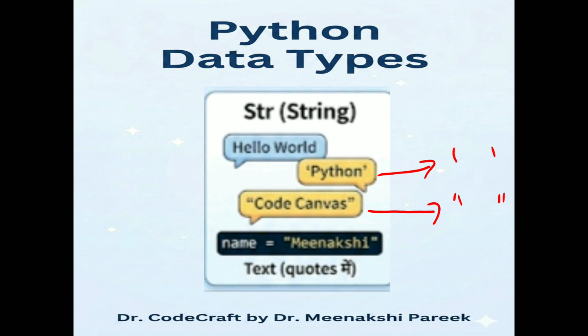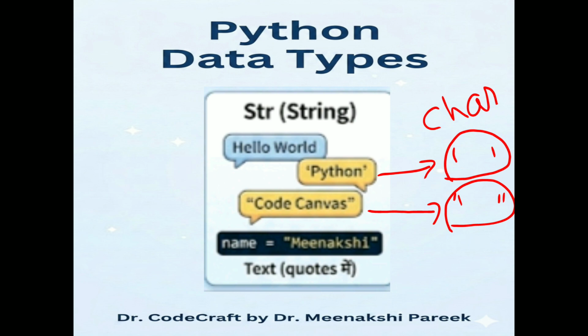In other programming languages we use double quotes to represent a string, and in C++ and C we use single quotes to represent a character. But in Python, we use single quotes as well as double quotes to represent a string.